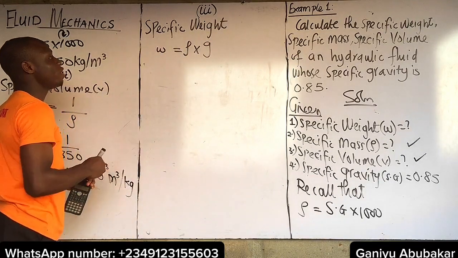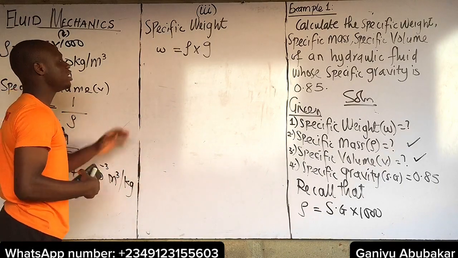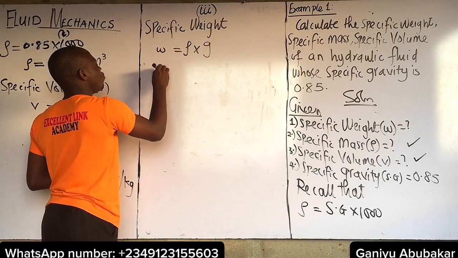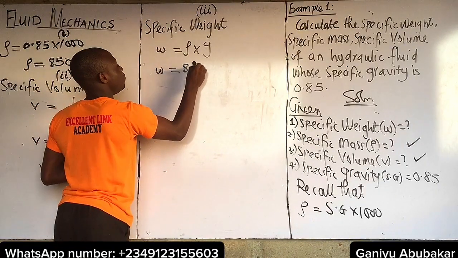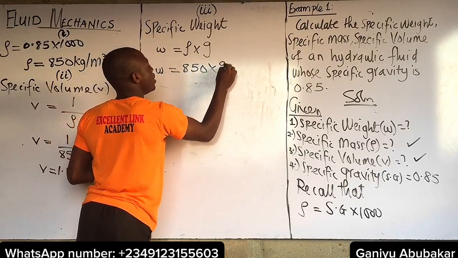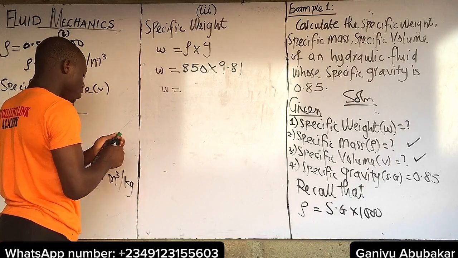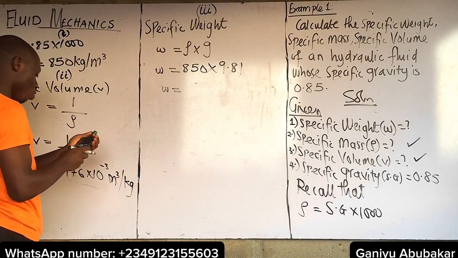We established this when we were dealing with the relationship between specific mass and specific weight. Recall from this relationship. So specific weight is equal to density, 850, times gravity, 9.81. Specific weight is equal to 850 multiplied by 9.81.